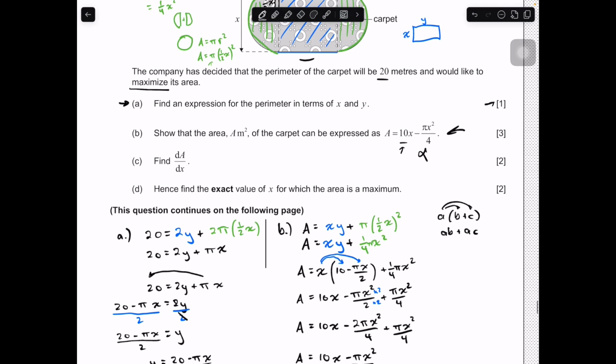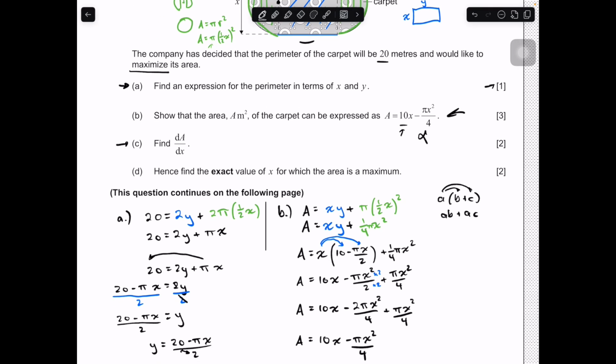That's approachable, I think. And this part right here, dA dx, is the derivative. This is potentially an entry point, because they give us some function right here and they're asking us to take the derivative of it. So we didn't need to solve for b. We can just start at part c and find the derivative of this function.